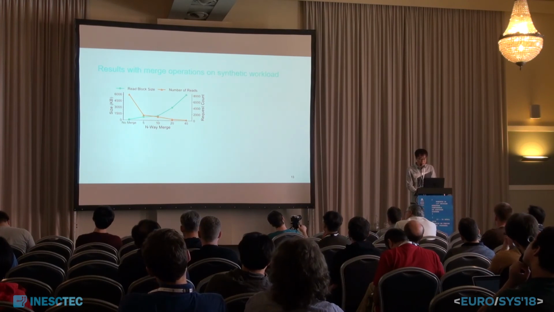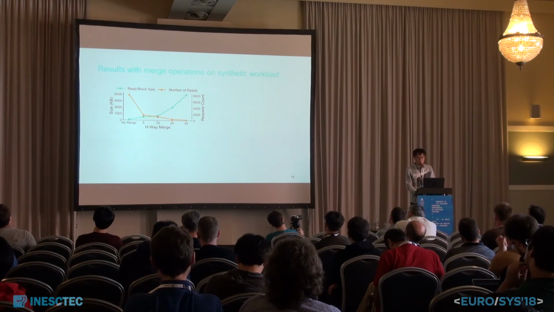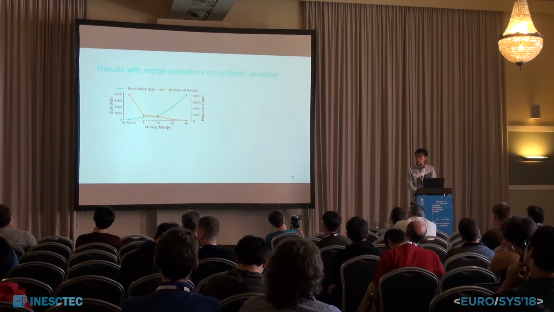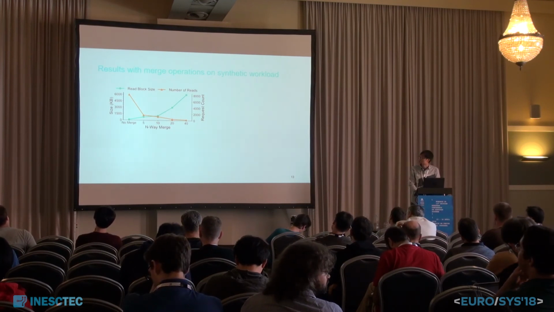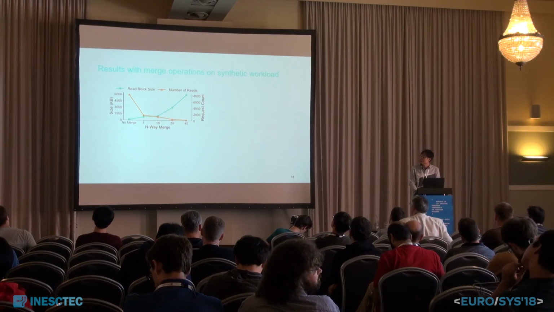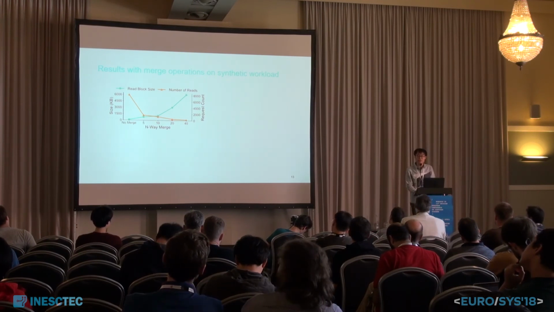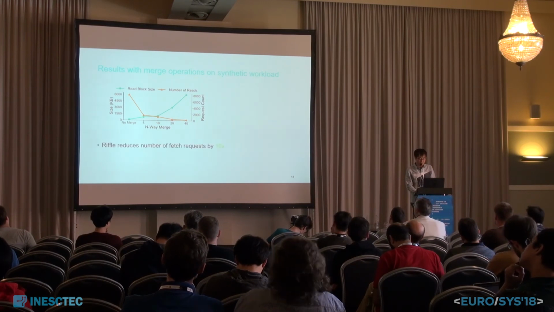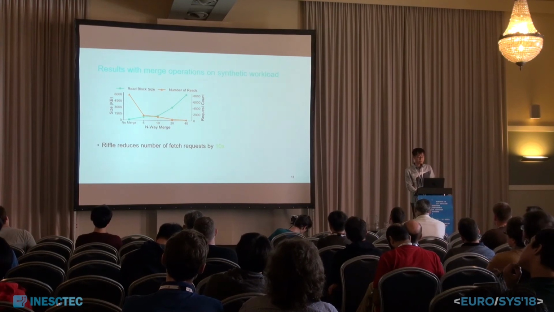On the x-axis, we show the results of unmodified Spark with no merge, and also Riffle with different merge policies, such as 5-way, 10-way, 20-way, and 40-way merges. As we can see from this orange line, as we are merging more aggressively, the number of read requests during the shuffle operation is decreasing very fast. Effectively, we can reduce the number of shuffle requests by more than 10x.